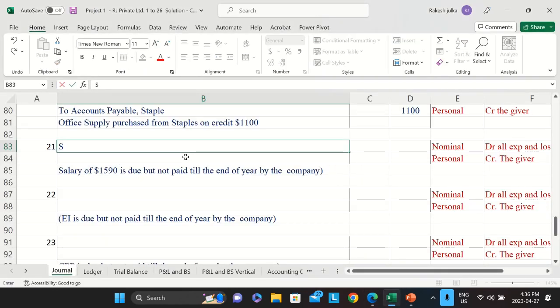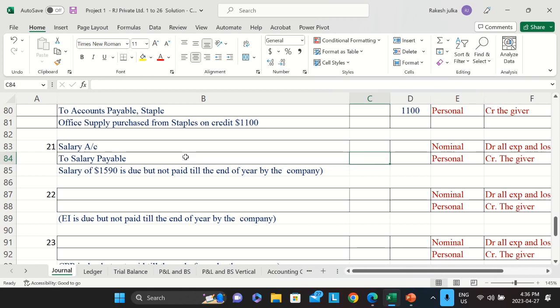So salary account debit to salary payable. So what is salary? Salary is an expenditure of the company, 1590. Expenses of this year should be recorded this year. This is known as the matching concept.